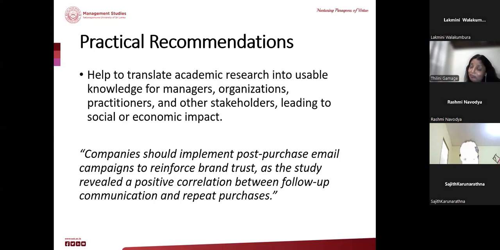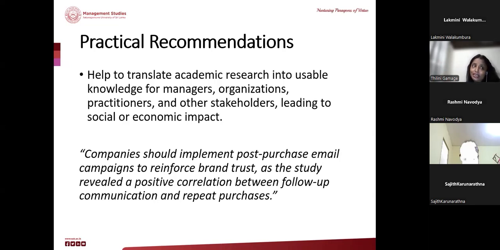By offering practical recommendations based on your findings, you have an opportunity to clearly bridge the gap between academic findings and real world applications. So this is where you can offer actionable insights and guidance for the industry practitioners. That is very important. As I told you, by now you are at this wisdom level.